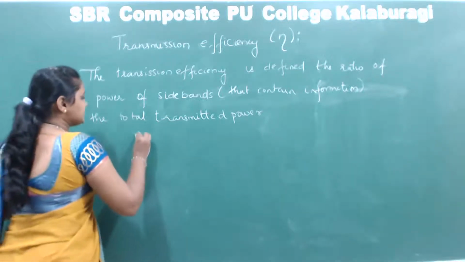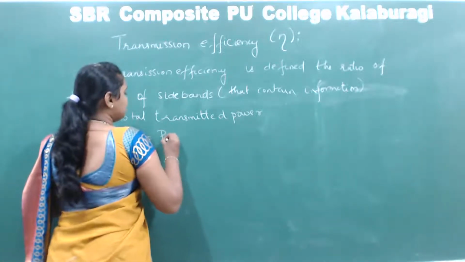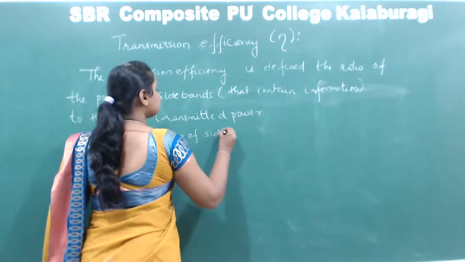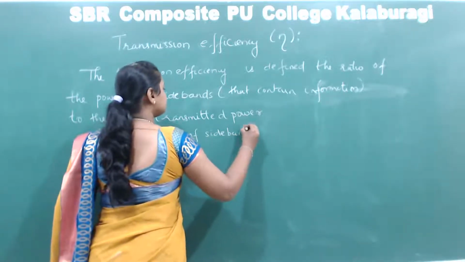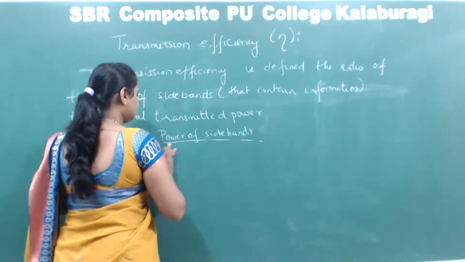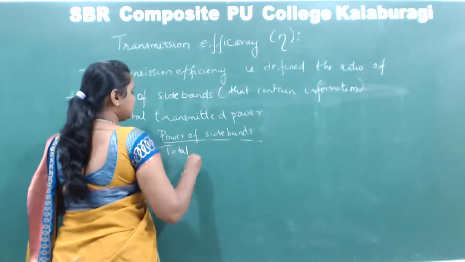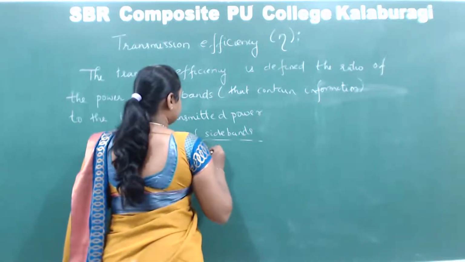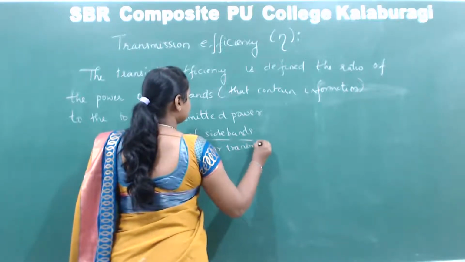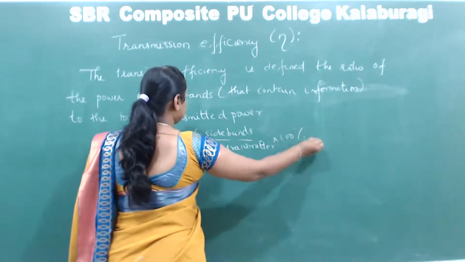So efficiency is given as power of sidebands by total power transmitted into 100%.